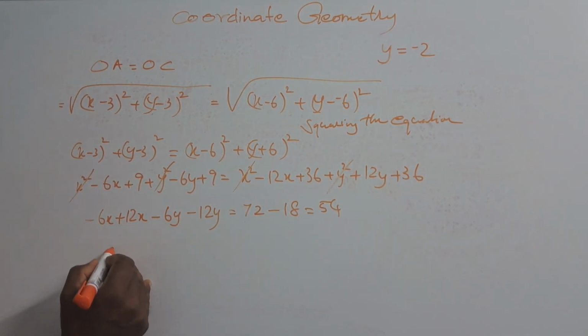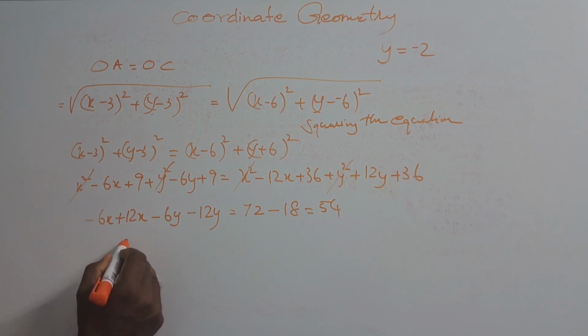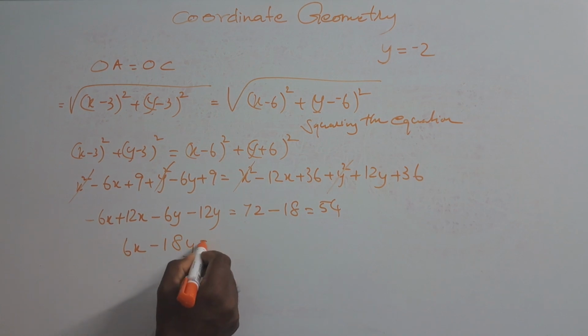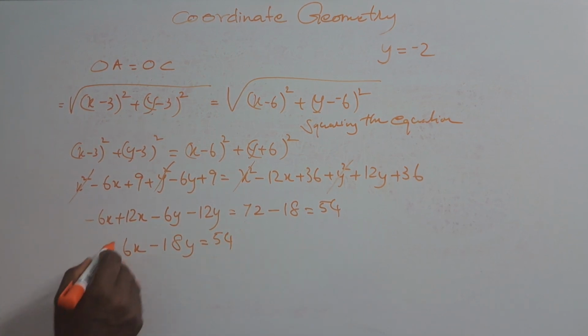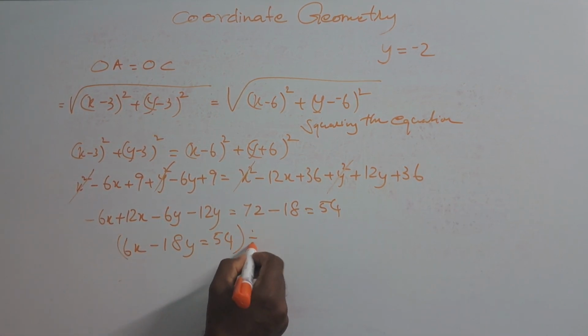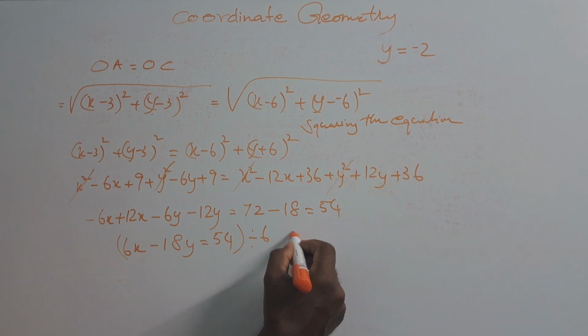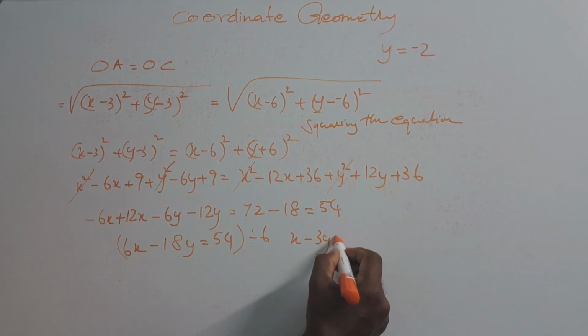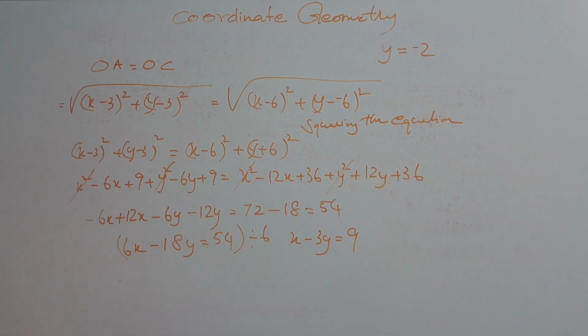Now we have 6x minus 18y equals 54. Dividing the equation by 6, you have x minus 3y is equal to 9.